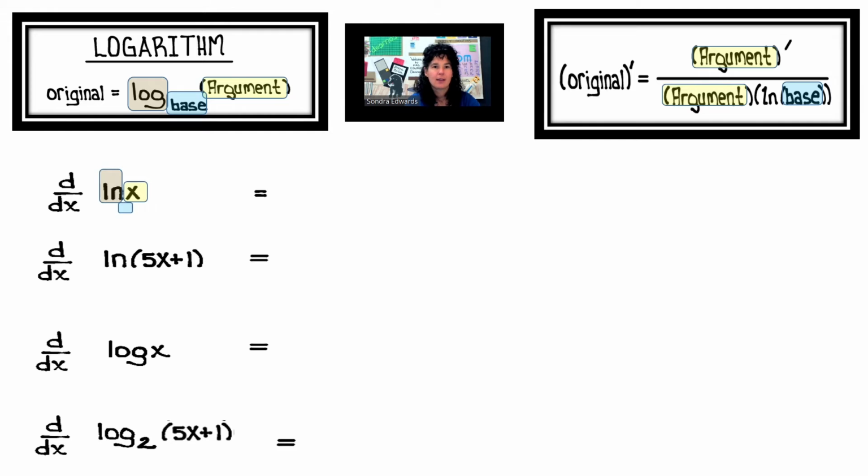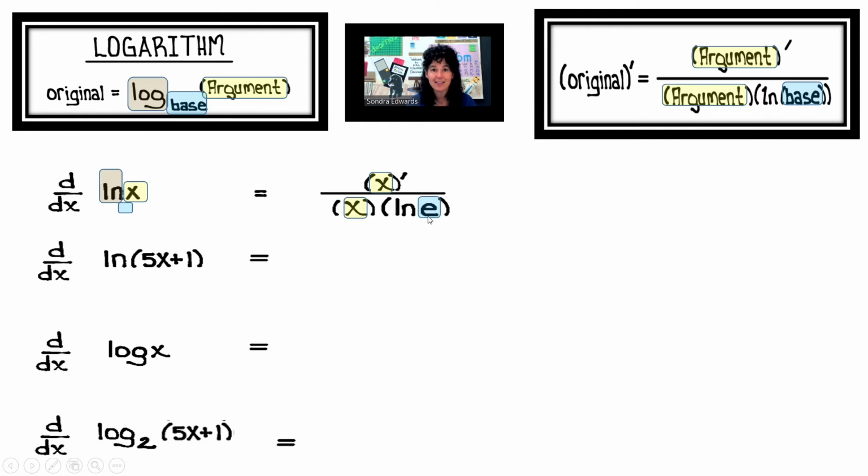So using that, the argument is in the denominator, x, the derivative of x in the numerator, and then we also multiply the denominator by the natural log of the base number, ln of the base. ln, and the base happens to be e.